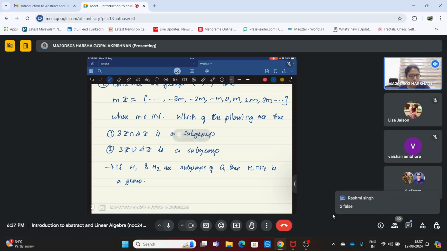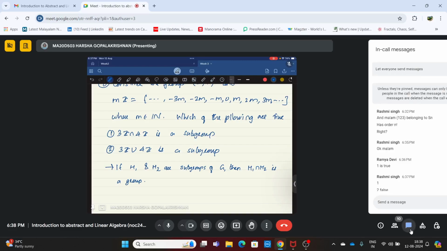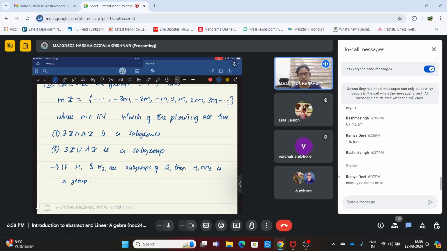Yeah, 2 is false. Good. Identity does not exist. Identity does not exist where? In which set is the identity not existing?